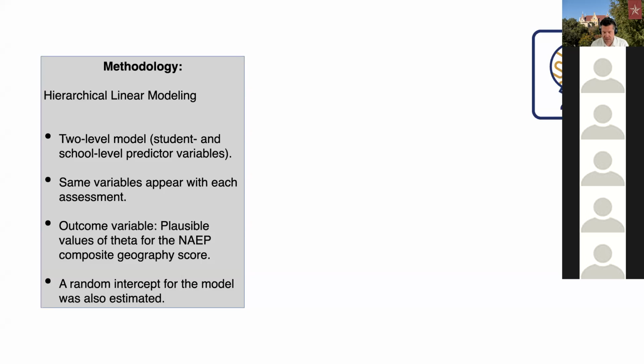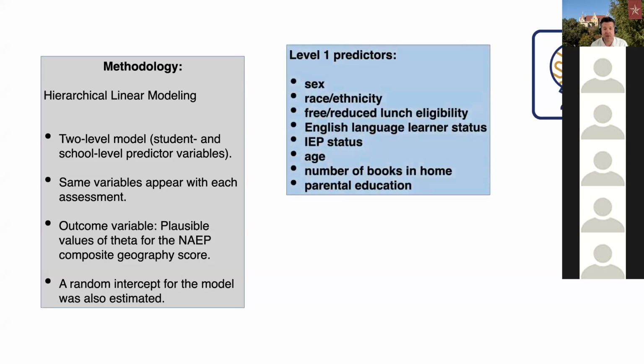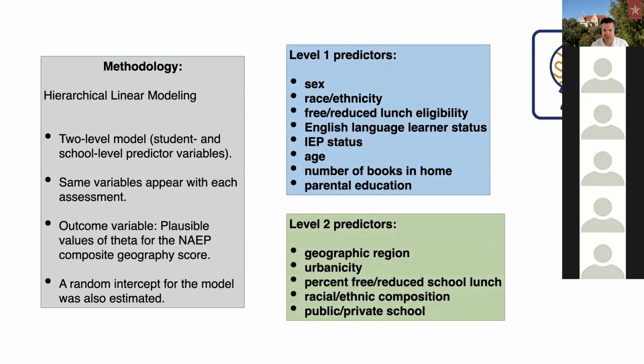And then we estimated the random intercept for the model. The level 1 predictors are the student characteristics: sex, race, ethnicity, free or reduced lunch eligibility, and so forth. And the level 2 predictors you see here are the school level attributes: geographic region, urbanicity, school composition, etc.